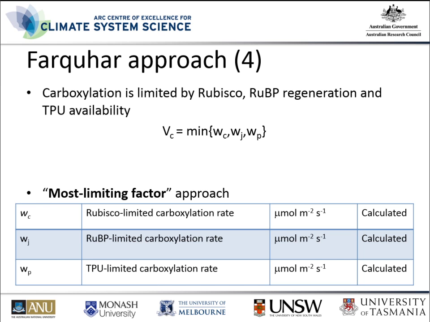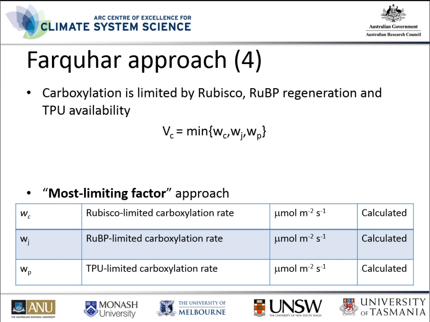So the thinking is, if I need water and temperature, then the thing that limits me the most is the actual thing happening. So this is the rubisco limited carboxylation rate, so how much enzyme do I have in my leaf, RuBP, so how much RuBP I have in my leaf, etc.